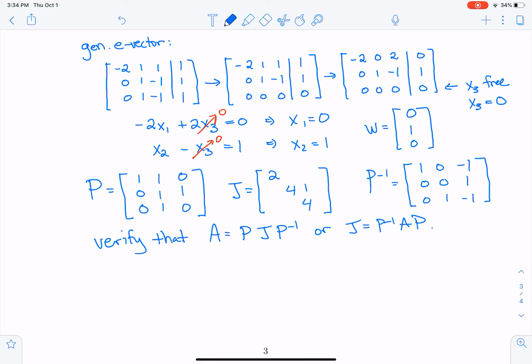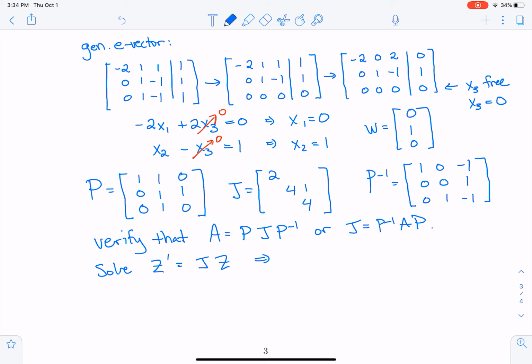Now, that means we need to solve Z prime equals J times Z, but in fact, we solved that problem before. That was actually the matrix at the beginning of the first video.